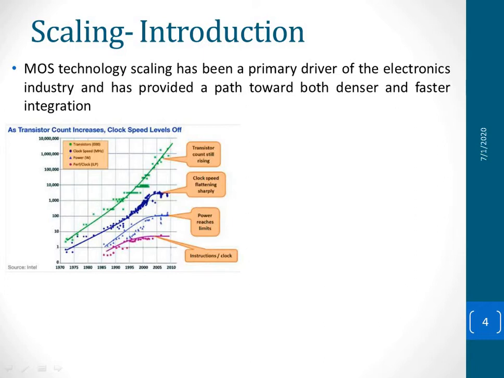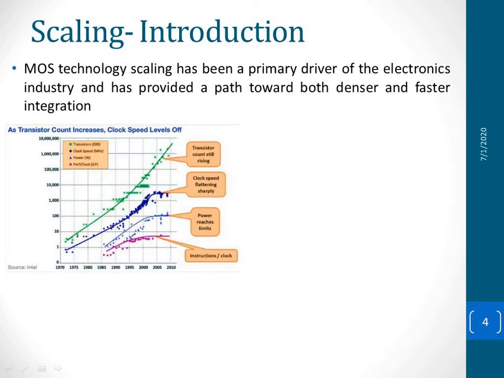A high level of clock speed is not achievable, and there is a power limitation also. We cannot say that we need 5 volts all the time. So there is a limitation on the power, and the instructions per clock cycle also have a limitation.